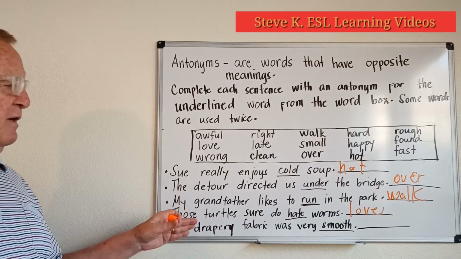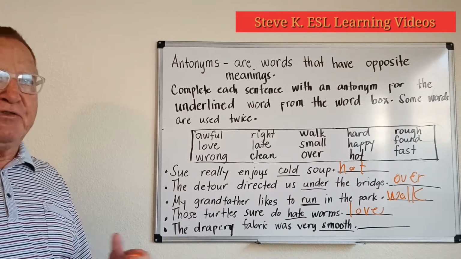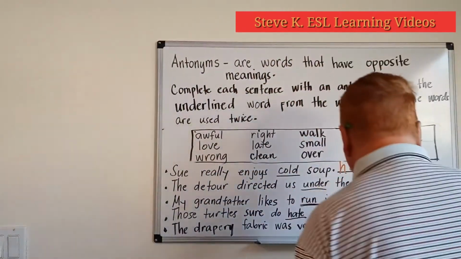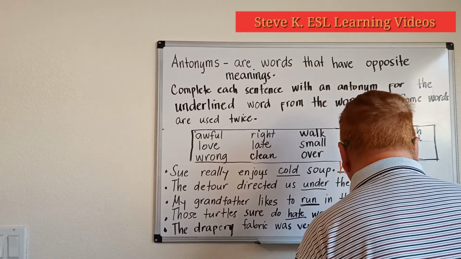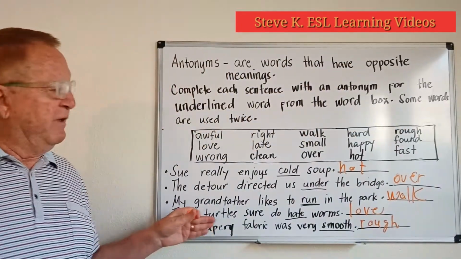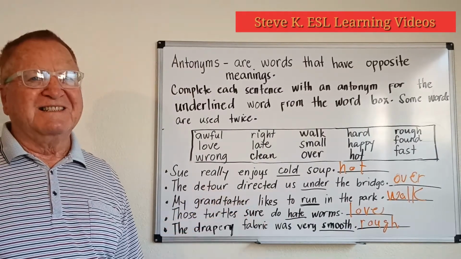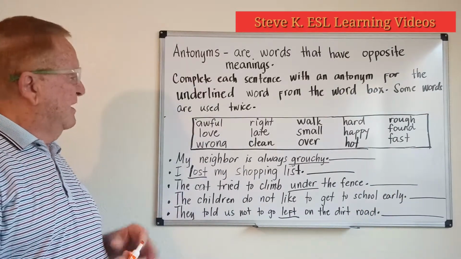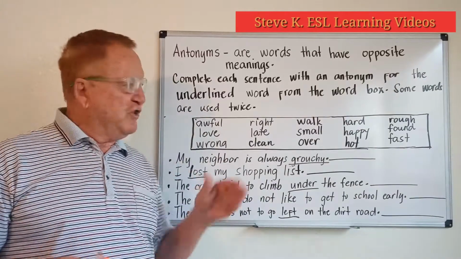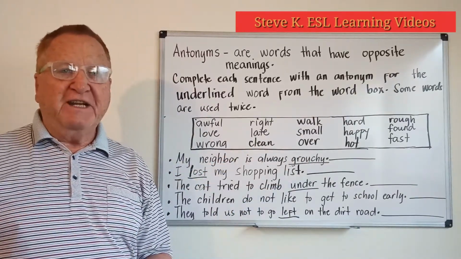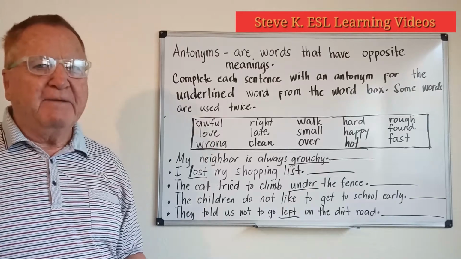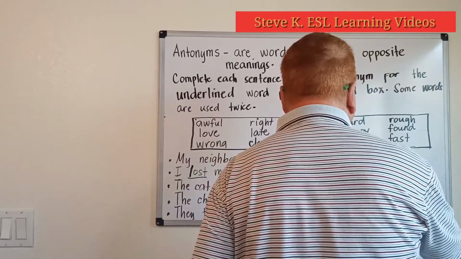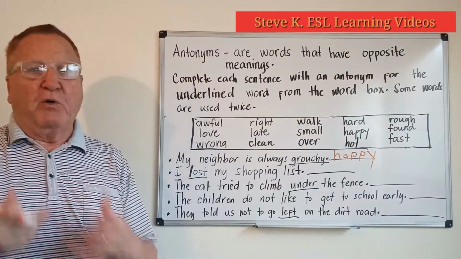The drapery fabric was very smooth. Opposite or antonym of smooth in the box is rough. The drapery fabric was very rough. Okay, moving along here. The next sentence, my neighbor is always grouchy, and the underlying word is grouchy, and the opposite of grouchy would be happy. My neighbor is always happy.